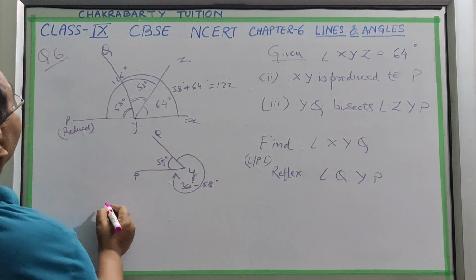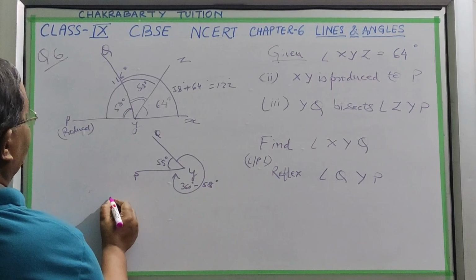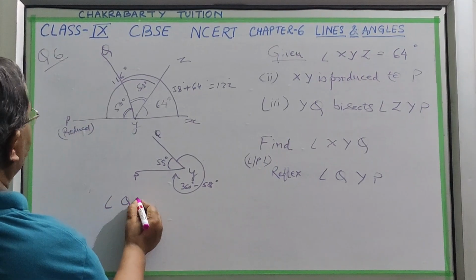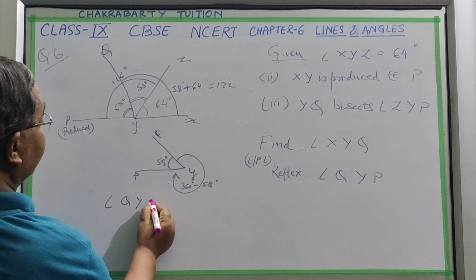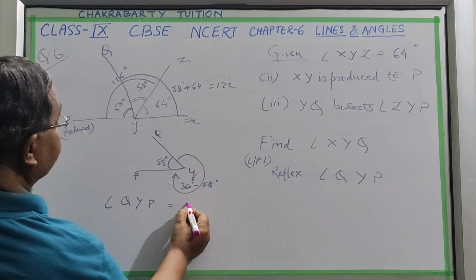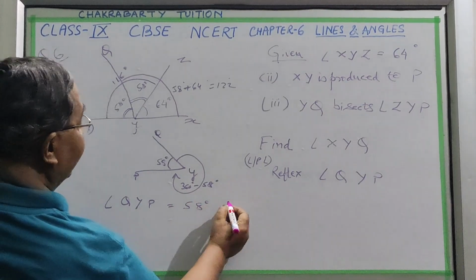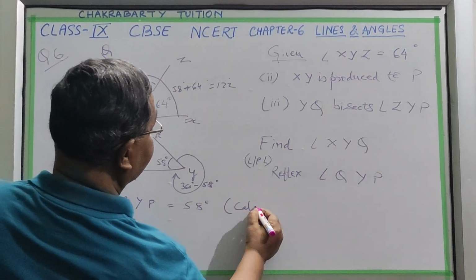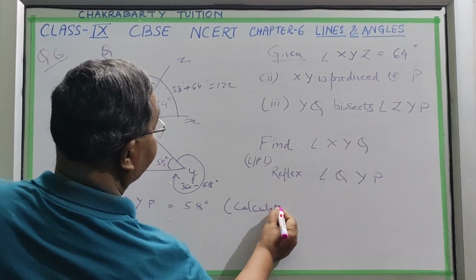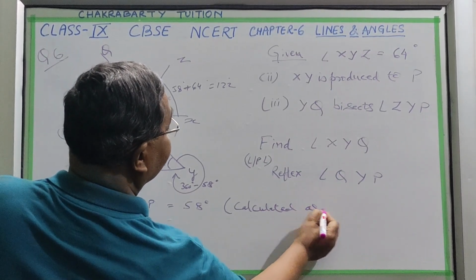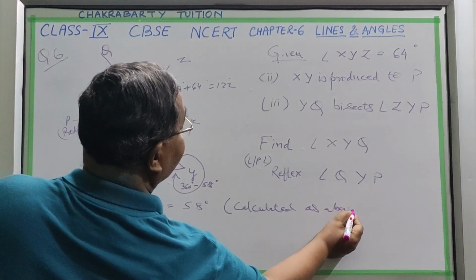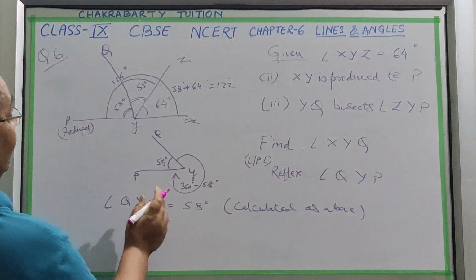So we will write: angle QYP is 58 degree, calculated as above. We have just calculated it in the previous lines.